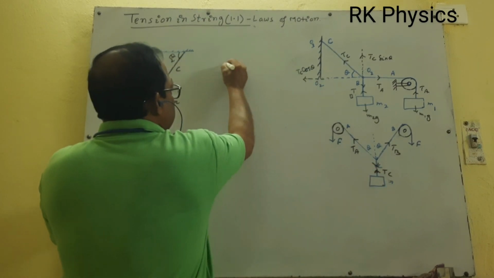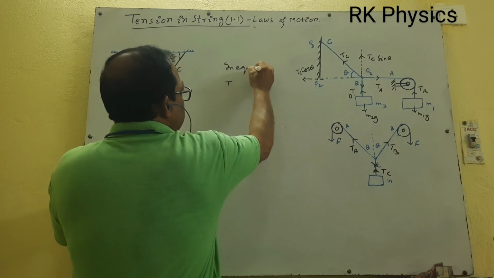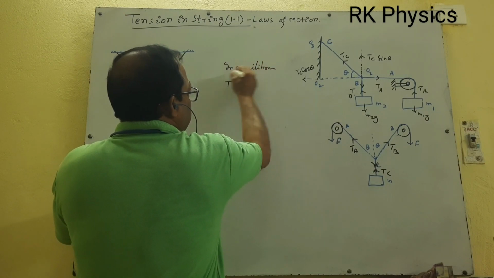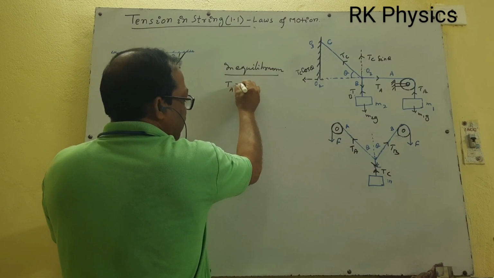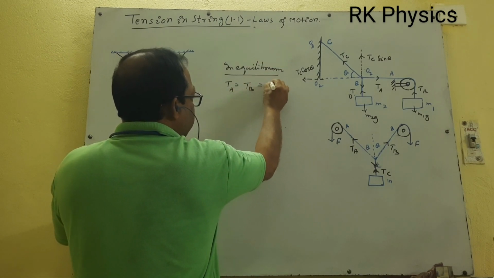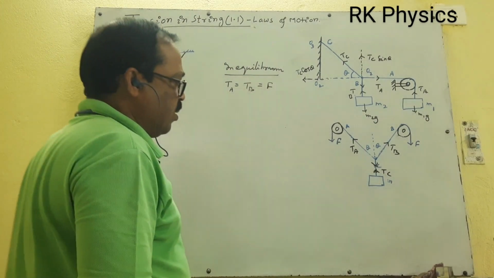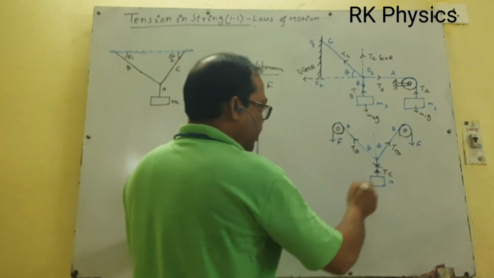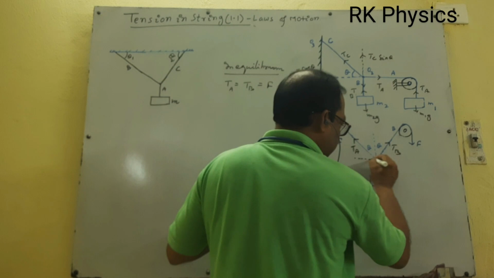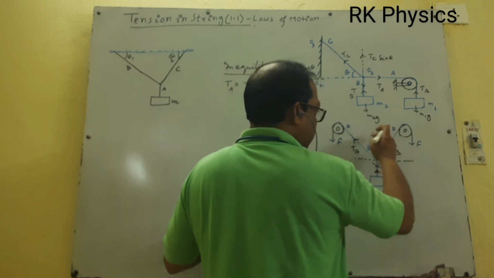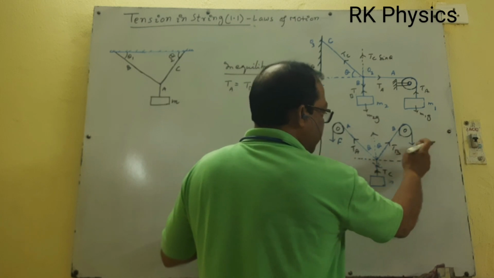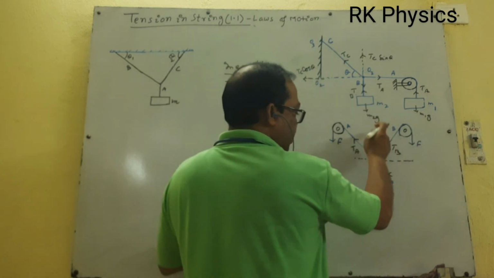So clearly it is in equilibrium, we can write TA equal to TB, that is equal to F.